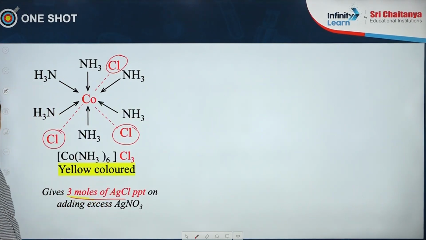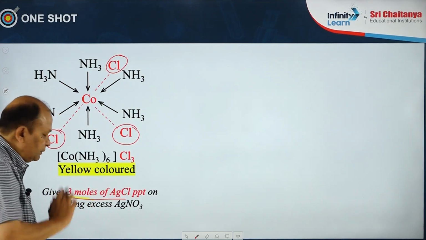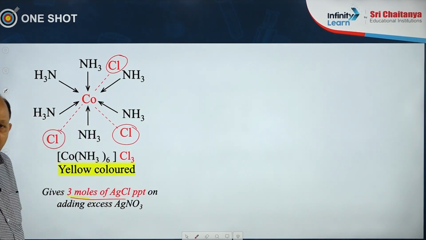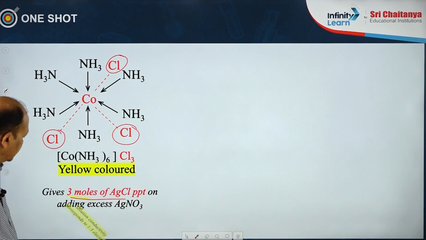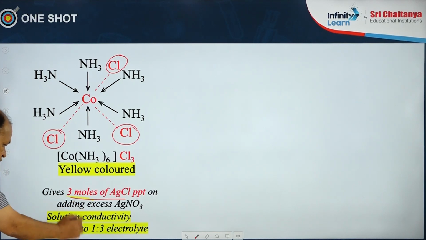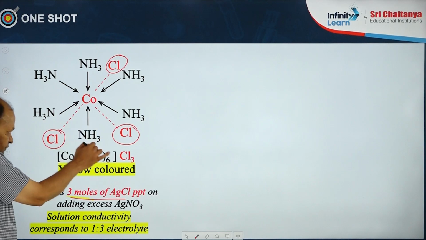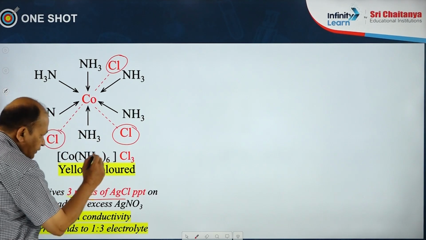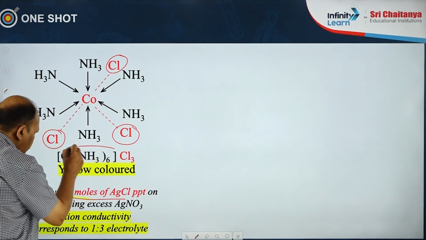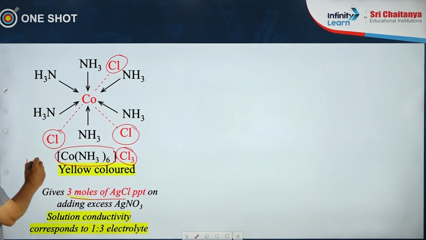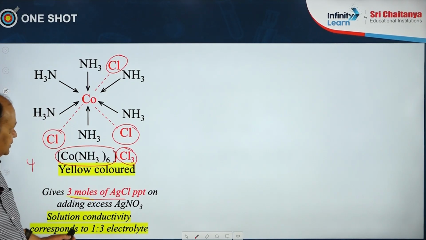Therefore, you get 3 moles of AgCl precipitate when you add excess AgNO3 to 1 mole of this complex. The solution conductivity corresponds to a 1:3 electrolyte. When you dissolve this complex in water, you get totally 4 ions, 1 complex ion and 3 chloride ions.